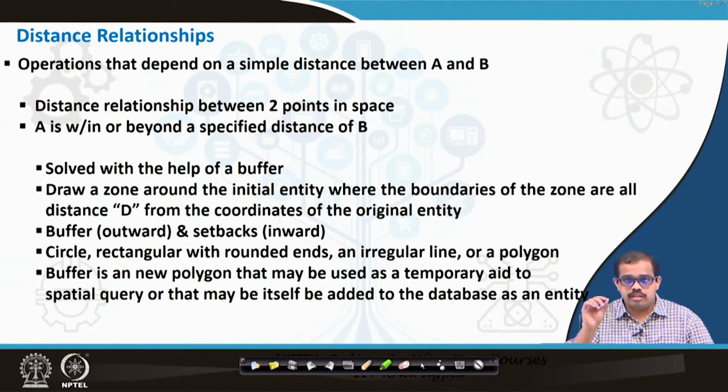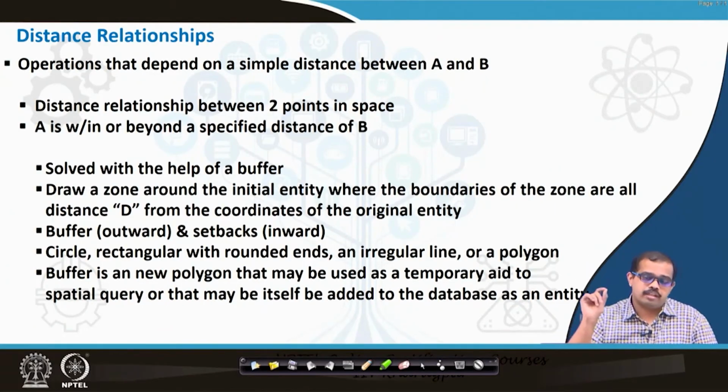Once those polygons have been drawn or lines have been drawn, then a buffer to the newer polygon, using a temporary aid, can be done using a spatial query. So, which means that once you start locating that particular region to reach that particular point, then you will say, by any query, how do I connect these two polygons or these two lines or these two points.